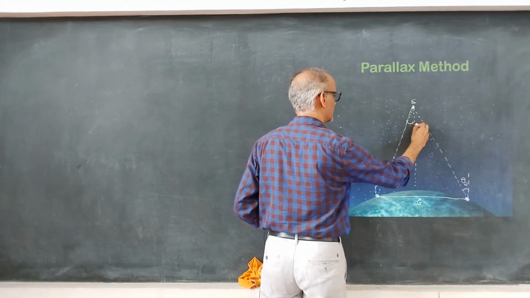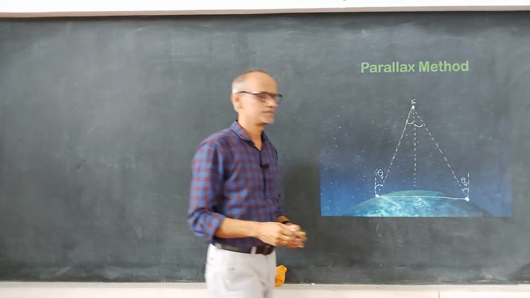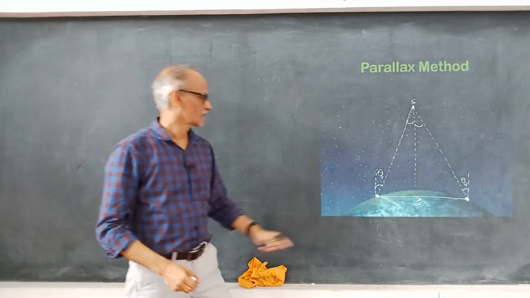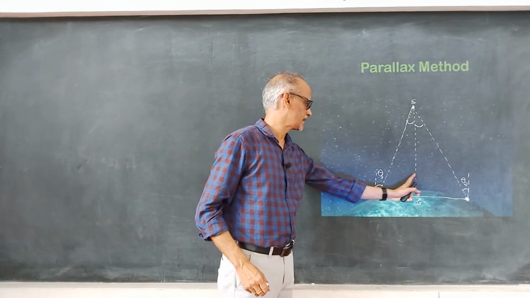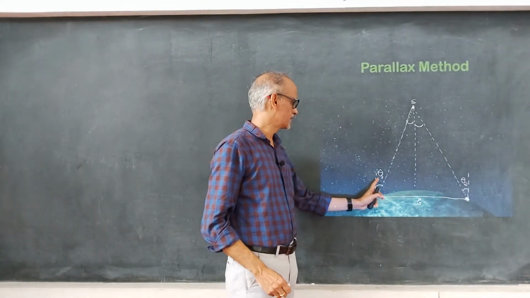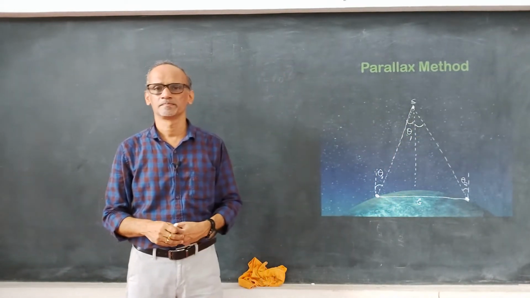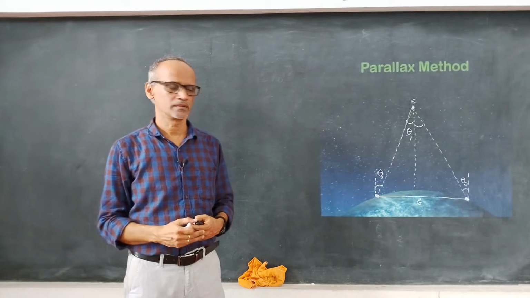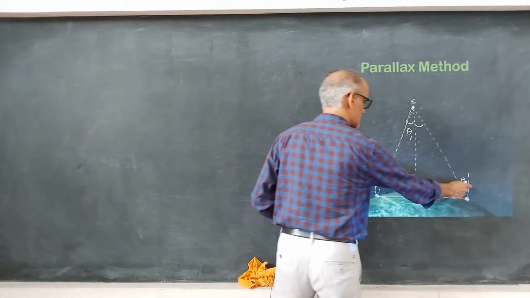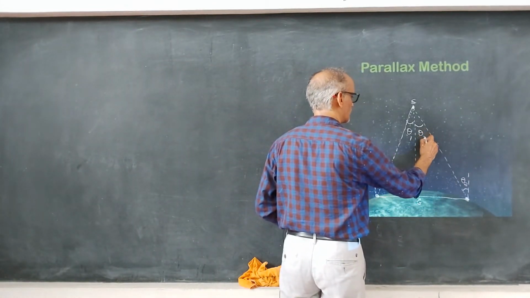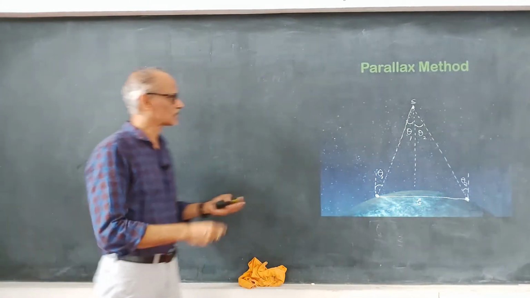And now if I use the diagram like this, how much is this angle and how much is this angle? This line and this line are parallel. So therefore, if this is theta 1, this also becomes theta 1, right? Alternate angle, correct? So if this is theta 2, this is also equal to theta 2. So what is the total angle?